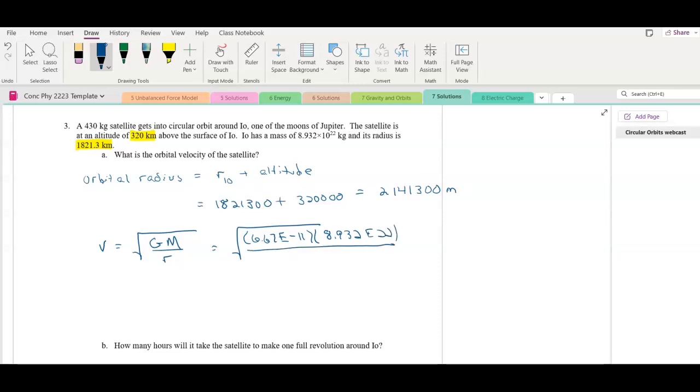And then the orbital radius that we just found, and so I get 1,668.009 meters per second.